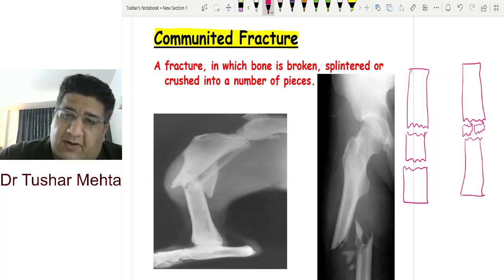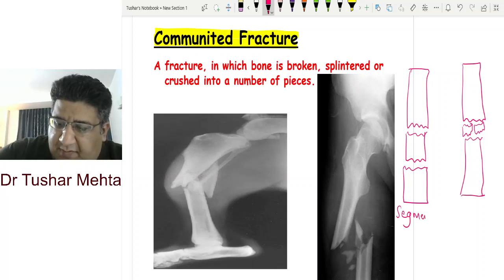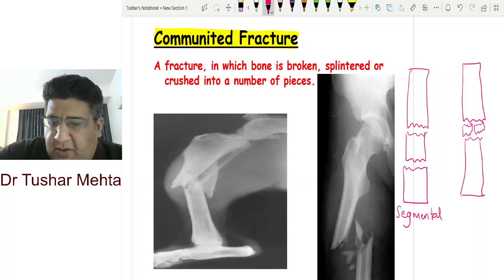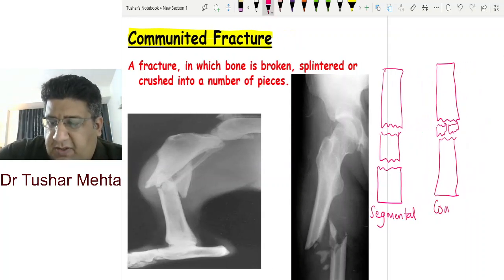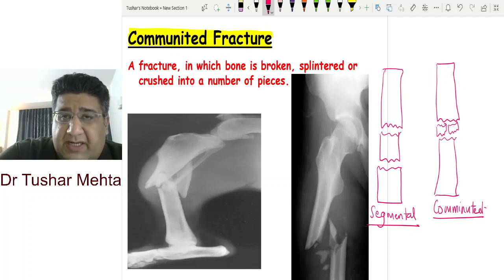Now I see a lot of students getting confused here. I'll make it simple for you. This is what is called a segmental fracture pattern, while this is what is called a comminuted fracture pattern. When the size of the intermediary fragment is almost at par with the size of the proximal and distal fragment, we call it segmental.